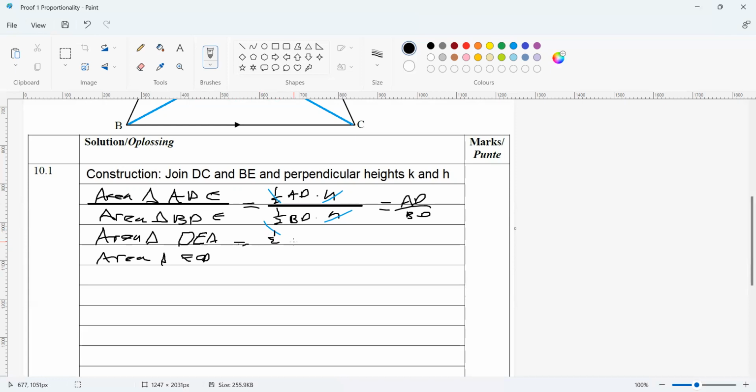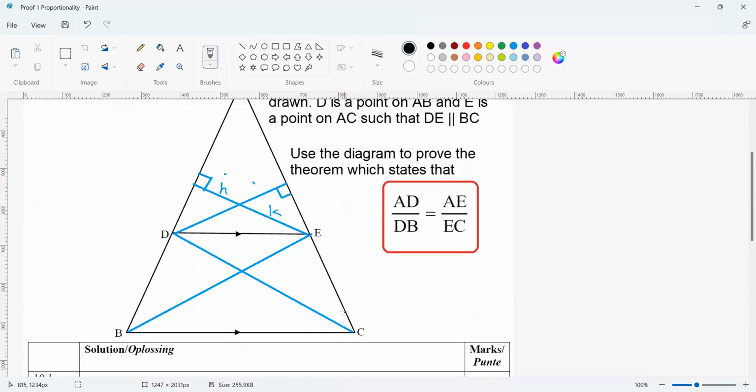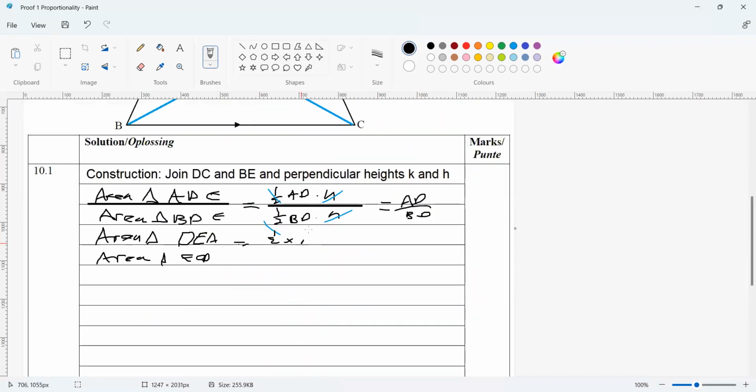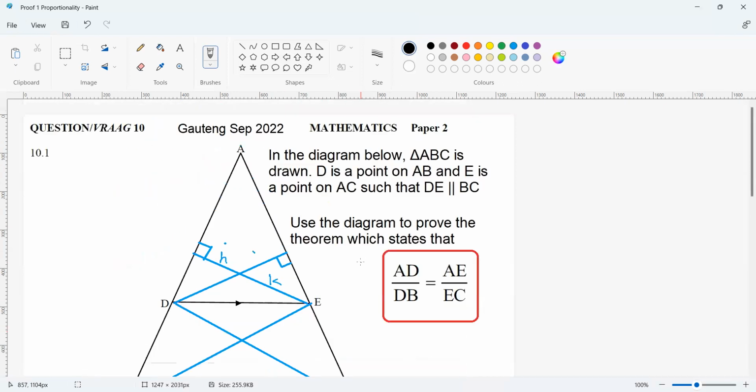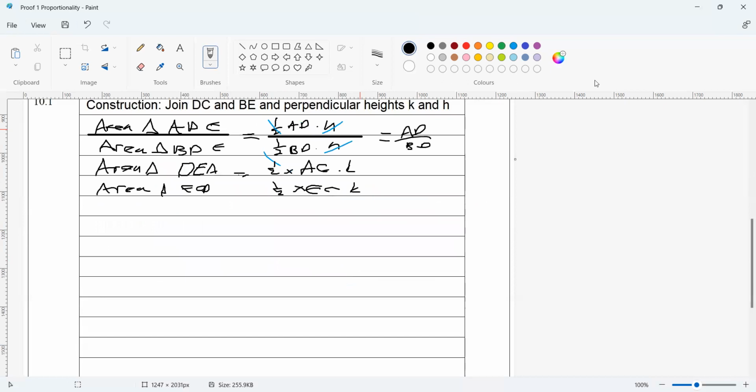Again, half times AE times K over half times EC times K. Okay, so we've got our ratios ready and we can cancel again.